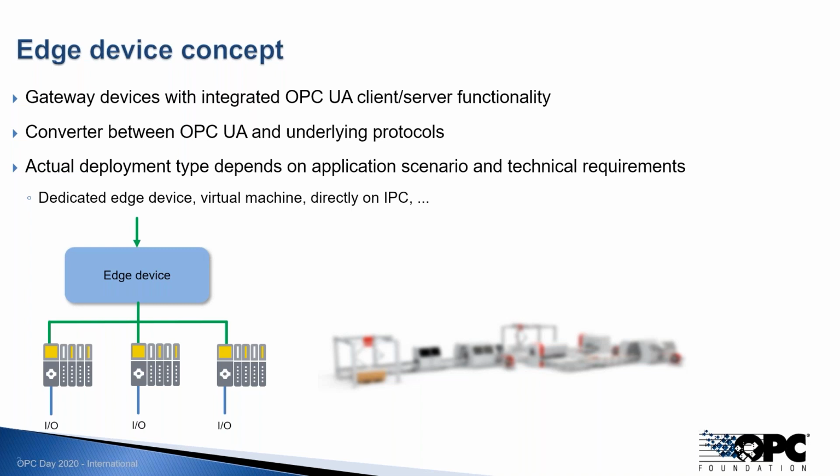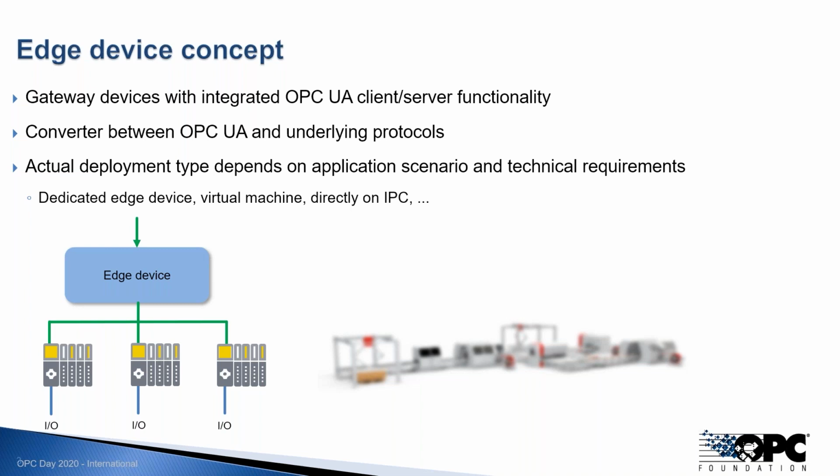This could, of course, be very different from the installation point of view. So we could have a virtual machine on this edge device or directly on this IPC, or some virtualization technology in the back end.